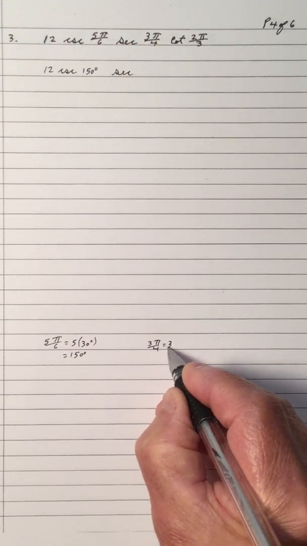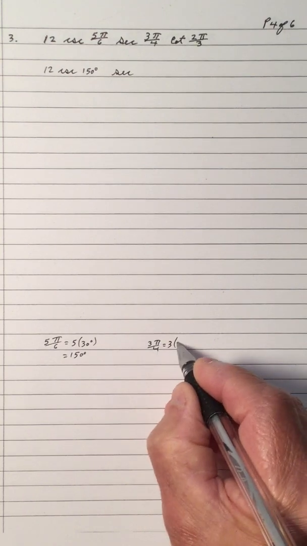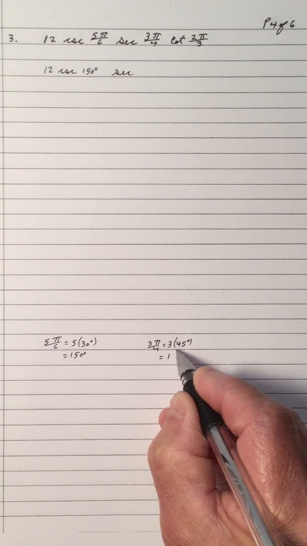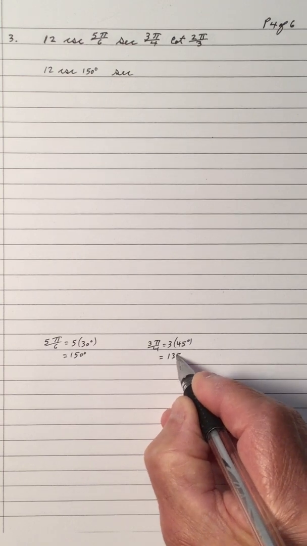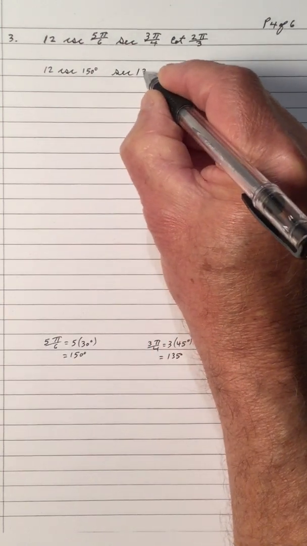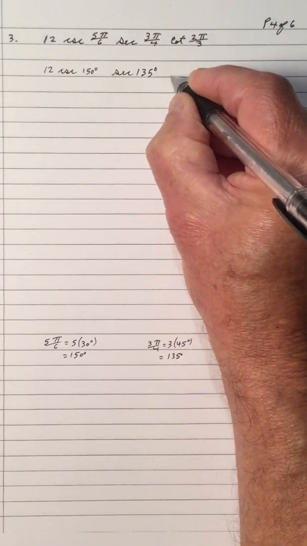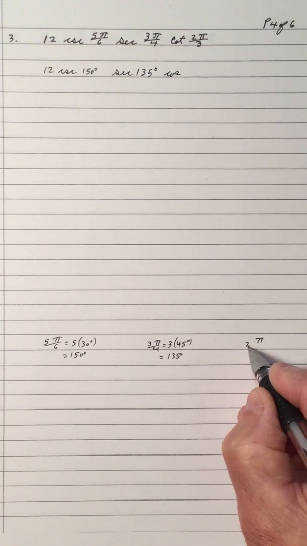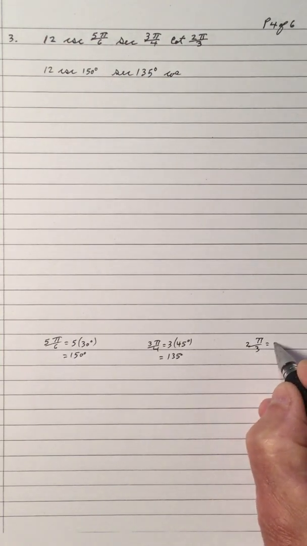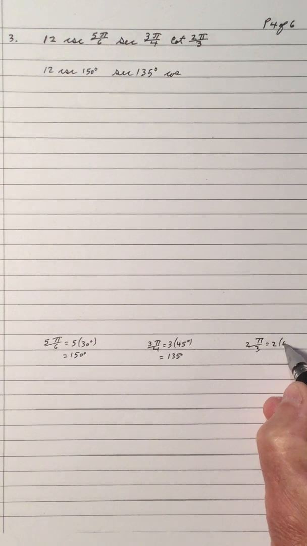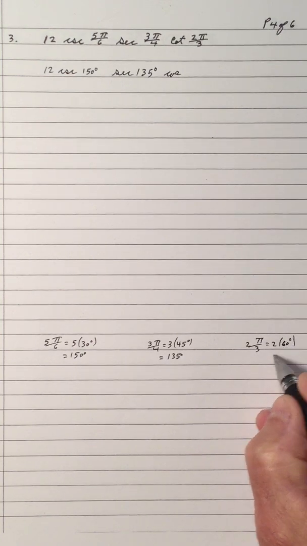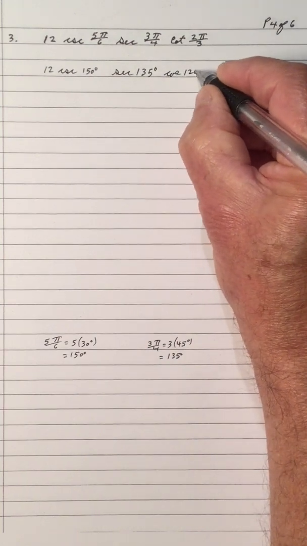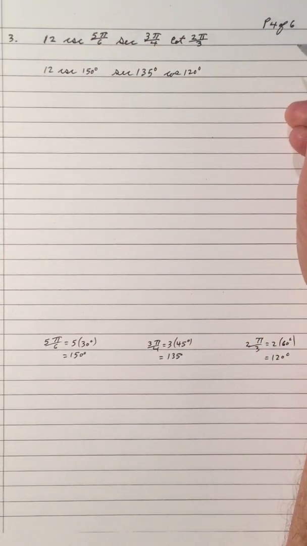Pi over 4 is 45, because 180 divided by 4 is 45. So that works out to be 135 degrees. And we're doing the cot of 2 pi over 3. Pi over 3, 180 divided by 3 is 60, so that's 120 degrees. So we've got them all changed. Again, degrees are easier to do.